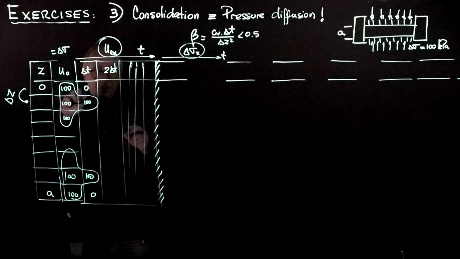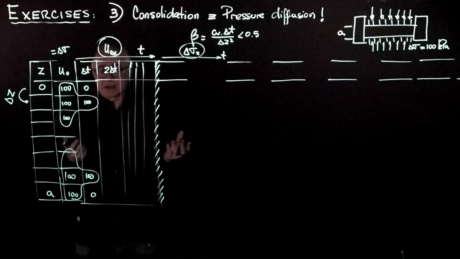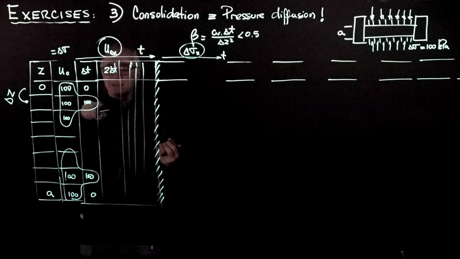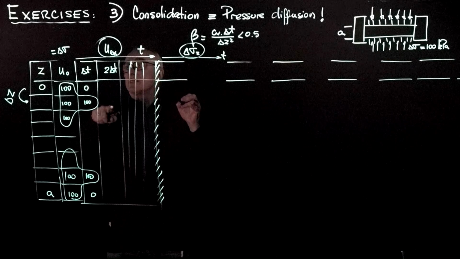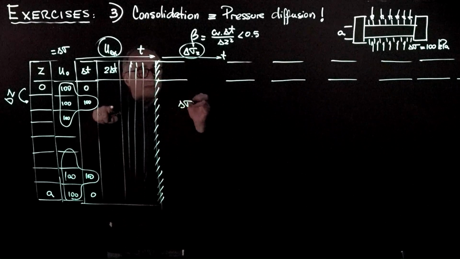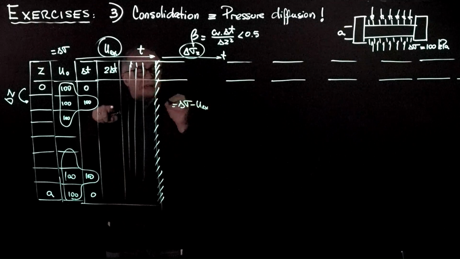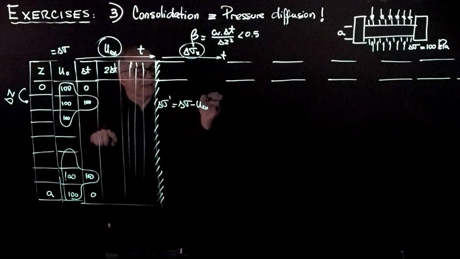But as the water can escape, the skeleton must take the load by equilibrium. So the applied load minus the remaining excess load, so this is the delta sigma applied minus u excess, is going to tell us the change in effective stress that the element has experienced.